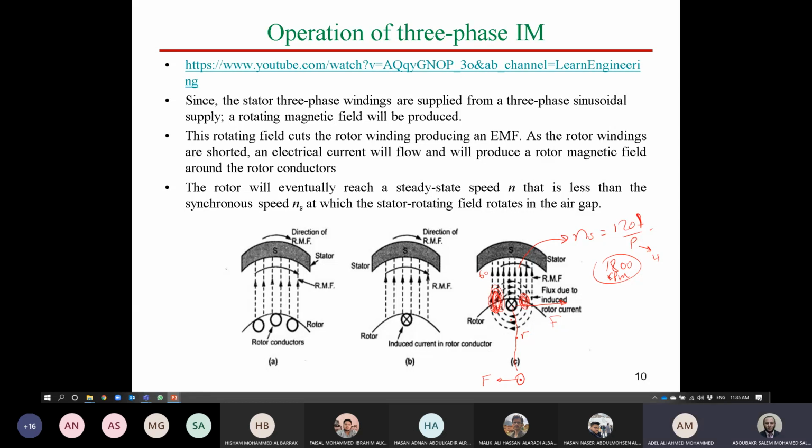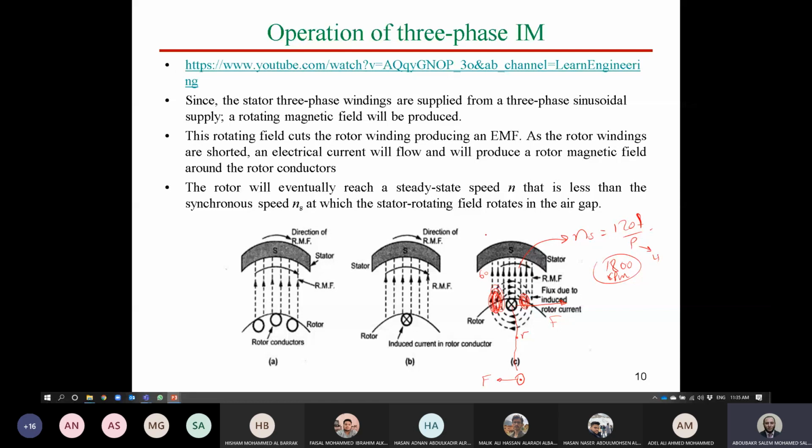Yes. Assume that the rotor current frequency is small and the RPM of this flux now is, for instance, 500 RPM. But the rotor itself is moving with the difference. Right?